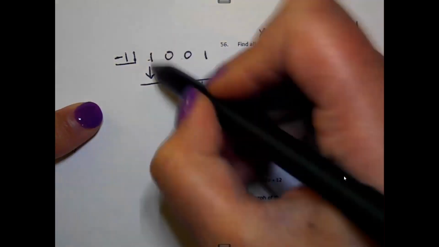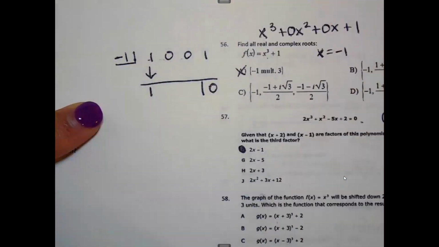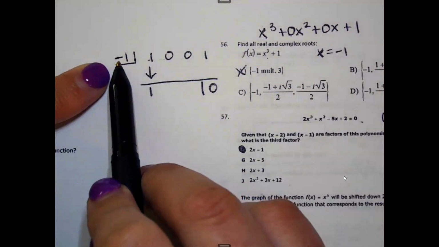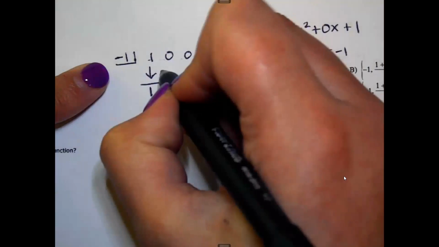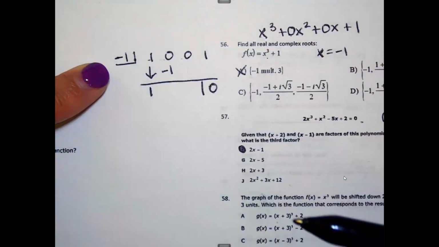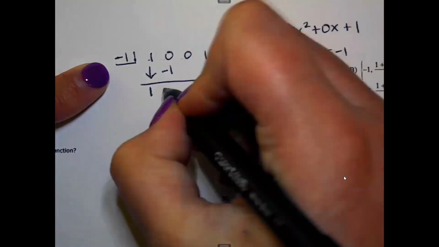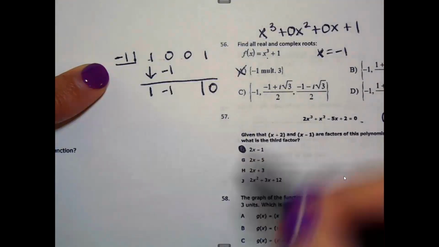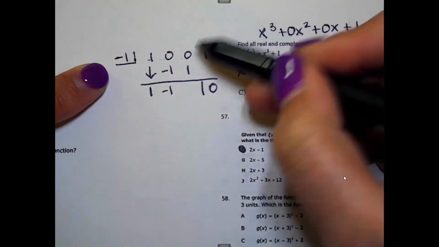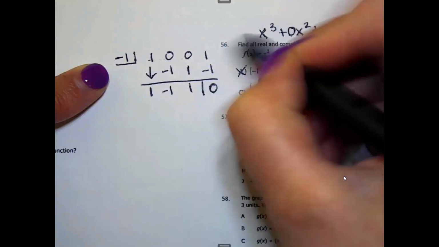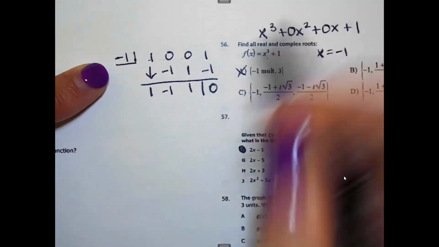Okay, so I drop the 1 down. 1 times -1 is -1. 0 plus -1 is -1. -1 times -1. 0 plus 1. 1 times -1. And then 1 plus -1 is 0.